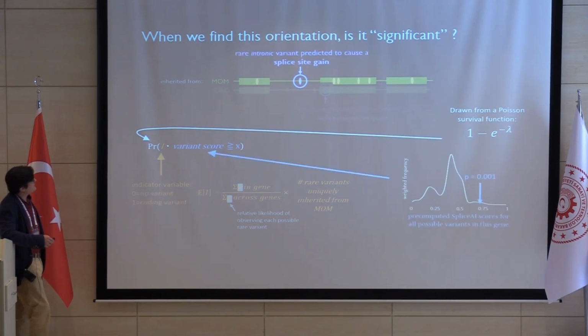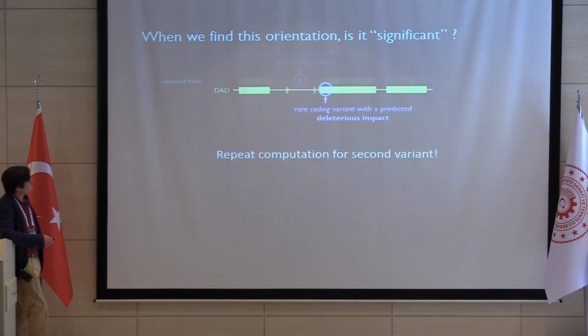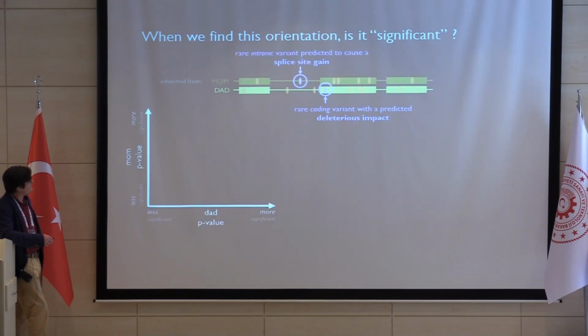I can also compute the conditional probability that the score for splicing or for the coding variant would be above a certain value. I can repeat it for the dad. So I do it once for the mom, repeat it for the dad, and we just take the maximum of these two tail probabilities. I've read a bunch of theoretical papers, there was no proven best way to do it, so we took the maximum as a simple one that works.